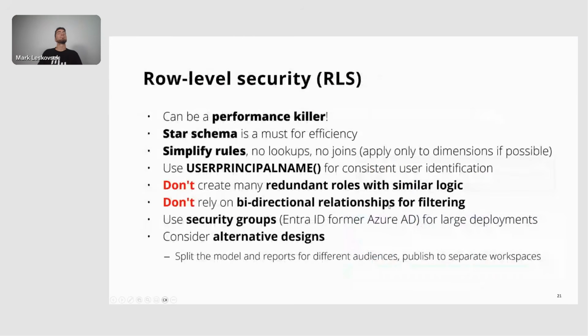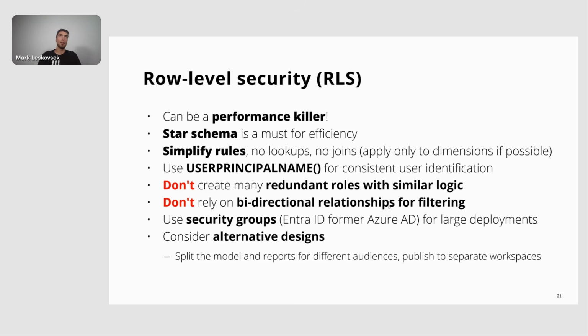So next is row level security. This can also be a performance killer. And in practice, we see that some of the rules are important to follow. And again, as before, star schema is a must for efficiency.